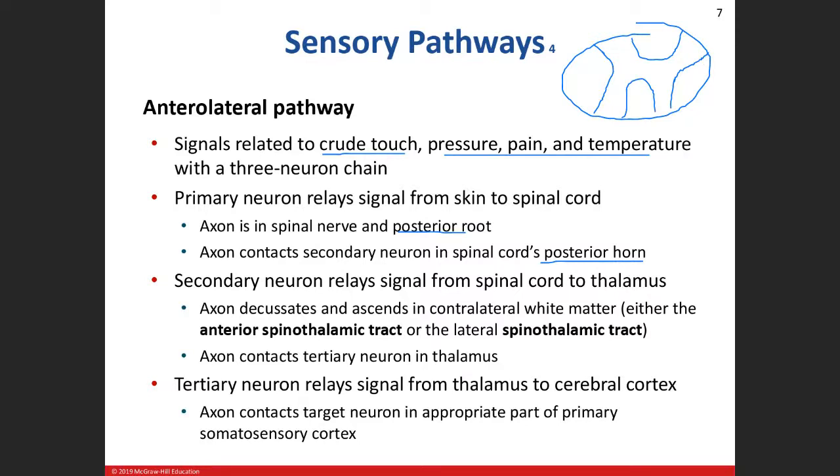That primary neuron comes in and enters into the posterior horn here. Why am I drawing you a horrible picture when I can actually show it to you?